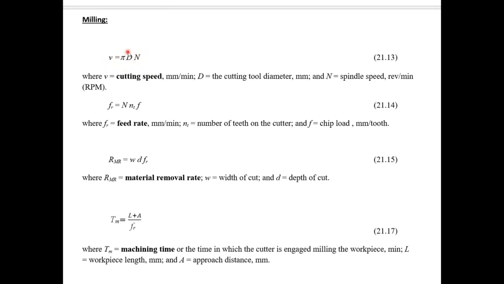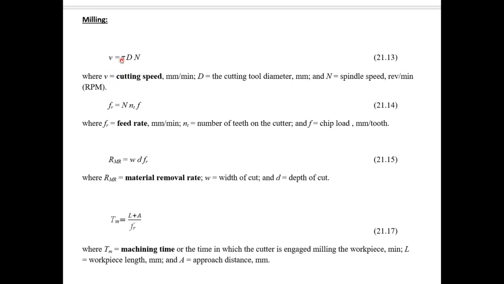And we've got also another parameter sitting here, D, which is representing the diameter of the cutting tool in milling operations. If this D is included in meters, then what we get for V is meters per minute. If this is given in millimeters, then the unit for resulting cutting speed will be millimeters per minute.